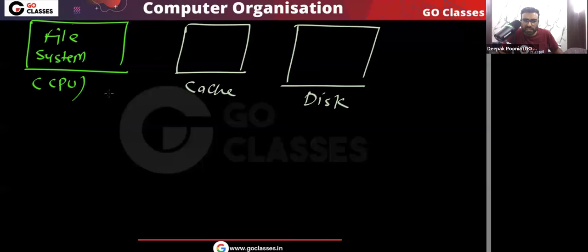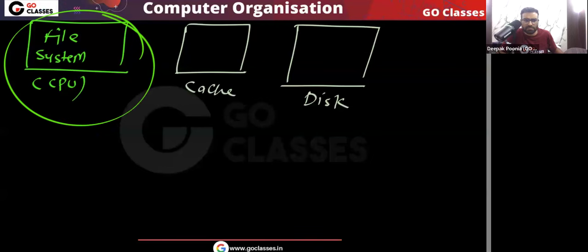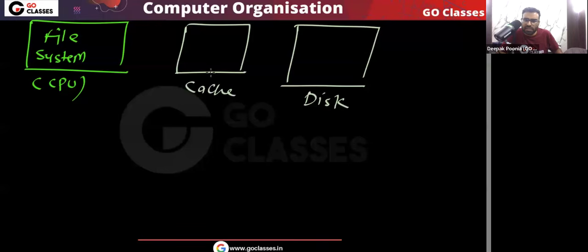Now when this file system or CPU generates a request, first we will go to the cache memory. We will check in the cache memory if there is a hit or a miss. If there is a hit, then we don't have to access the disk, because we just need to access the cache memory.